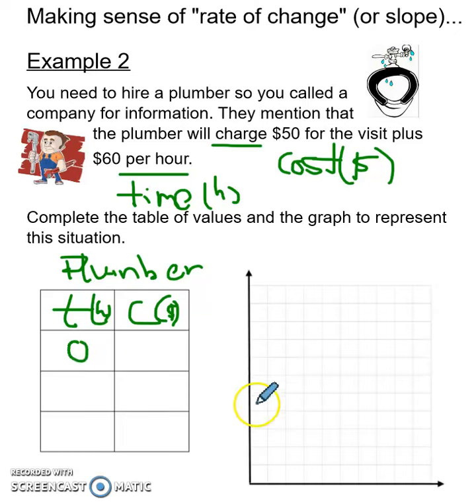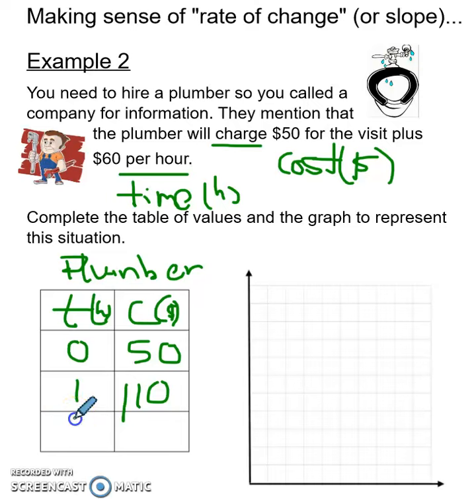If he's coming to your place but hasn't started working, already you have to pay $50 for the visit. If he stays for 1 hour, then you need to add to this. For 1 hour, you start with your $50, but you add the $60 per hour. So 50 plus 60 is 110.